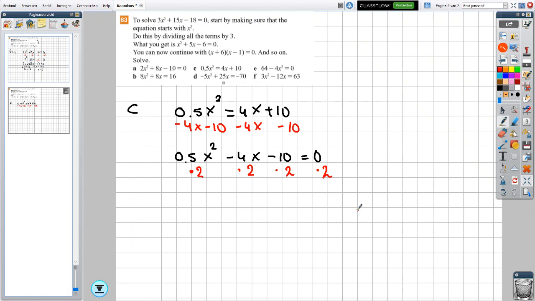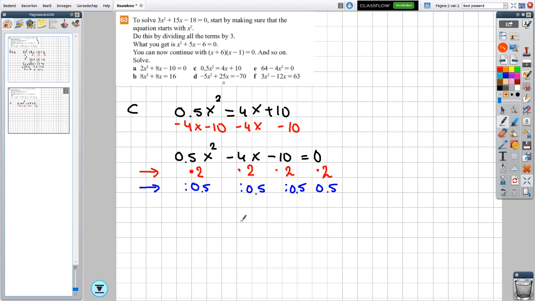However, what also works is just dividing by what's in front of x squared. So instead I could also have done divided by a half. Here dividing by a half, dividing by a half, and dividing by a half. Do either this one or this one, right? Not both. Please don't.